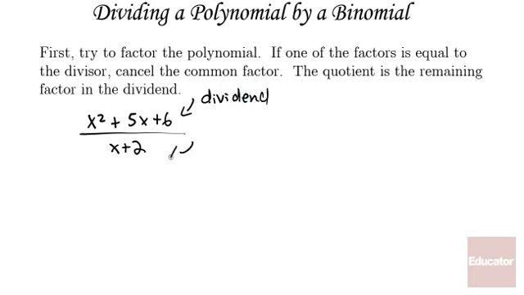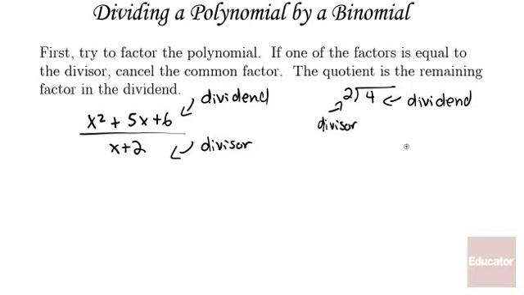In the bottom, the number we're dividing the dividend by is the divisor. And if you were to write division this way, here you would have the divisor, and here the dividend. And we're going to be using these terms throughout today's lesson, so just make sure you have that straight.